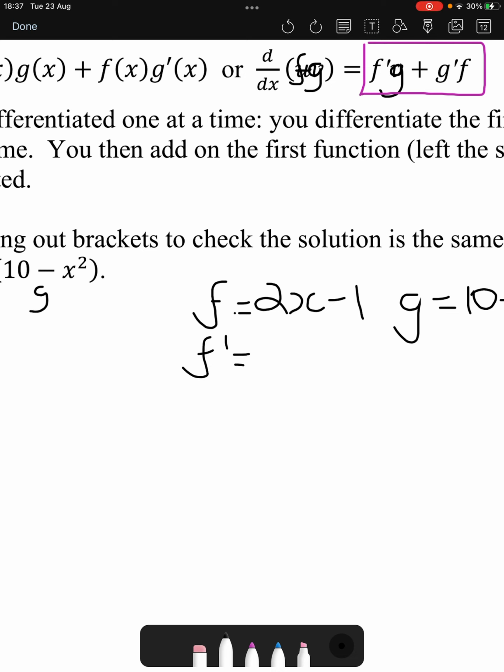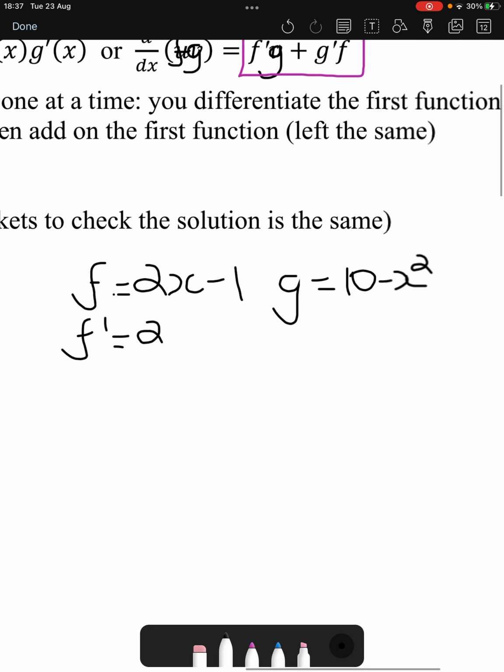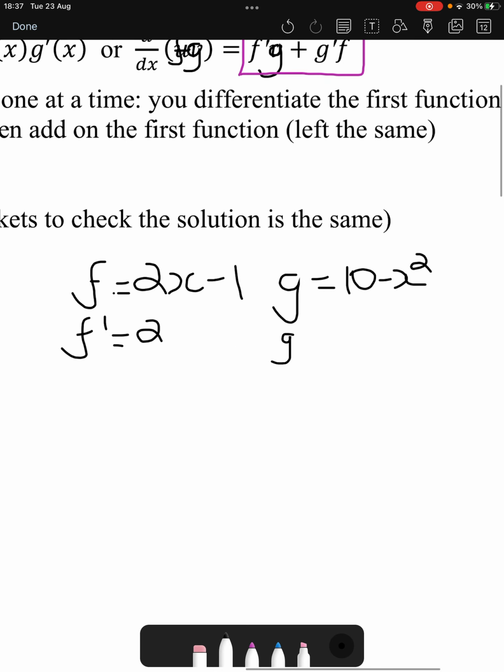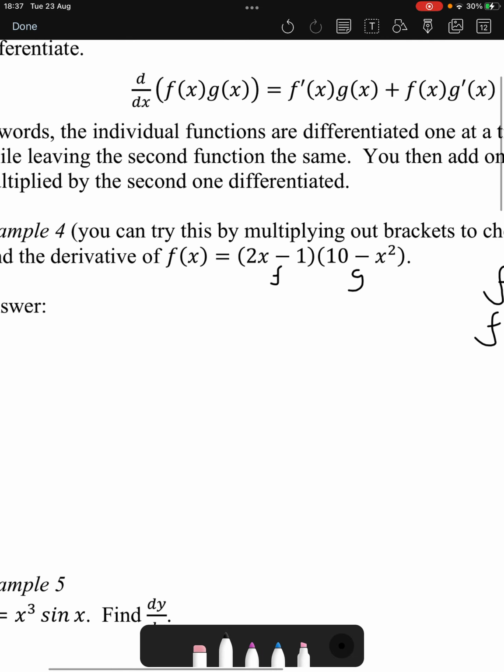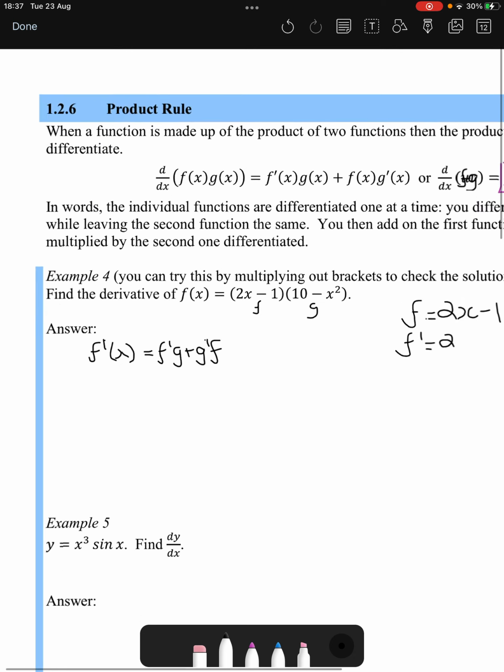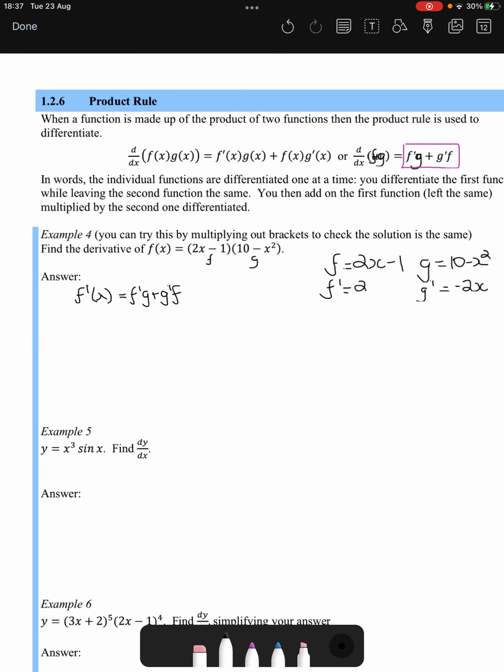There we go. Right, so differentiate that, you're obviously going to get 2. Differentiate this, you're going to get minus 2x. So, to differentiate this, f dash of x is f dash g plus g dash f. And then we just need to sub in everything in the correct place.